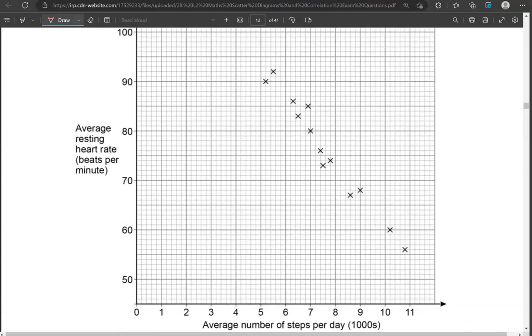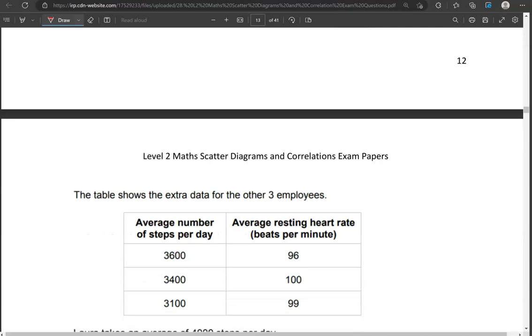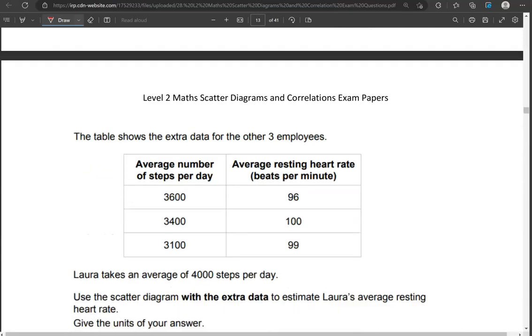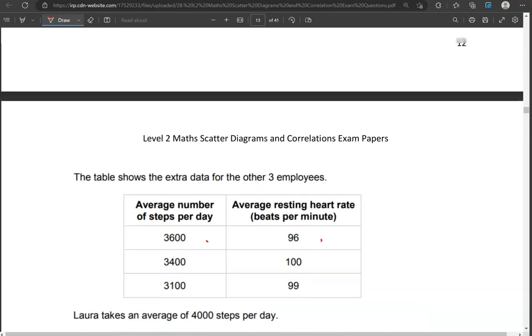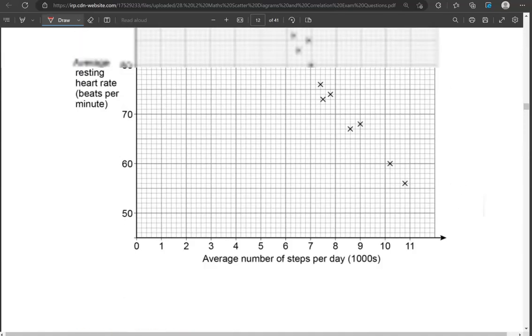Before we can start with the line of best fit and the estimation, we need to add the data that we have here for the other 3 employees. So for one of them, average number of steps per day is 3,600 and the average resting heart rate is 96. So 3,600 with 96.